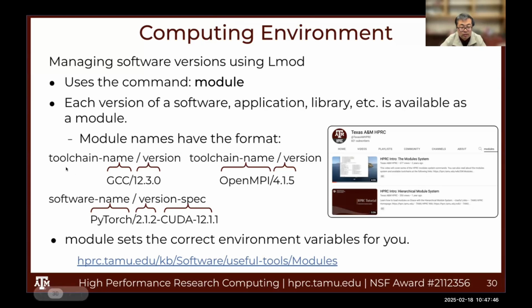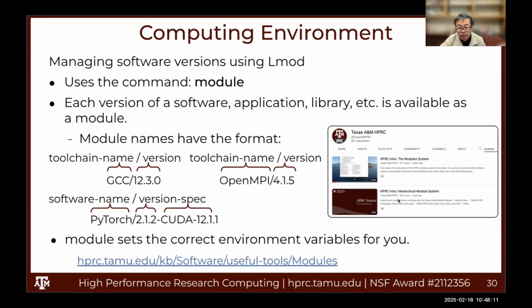And also, actually, if you just module load this PyTorch in the environment, it will not let you do that. It will give you an error because this software depends on other toolchains as well. A toolchain is a collection of tools that help build the software.